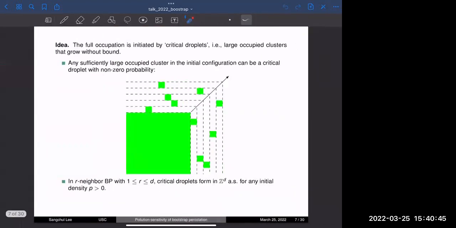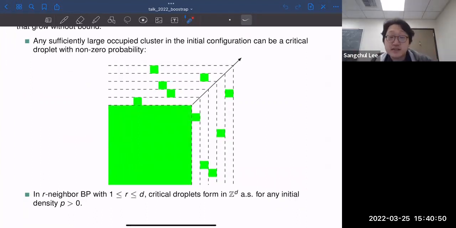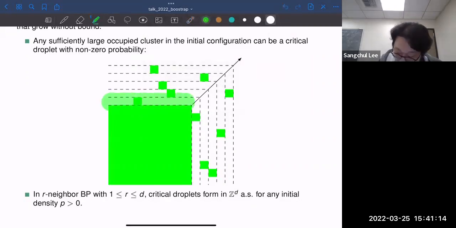Say this is part of my large initially occupied cluster, and say these are also initially occupied sites. Then under the two-neighbor update rule, this site, and therefore all the sites in the first layer, will be occupied, because the growth takes place in both directions.